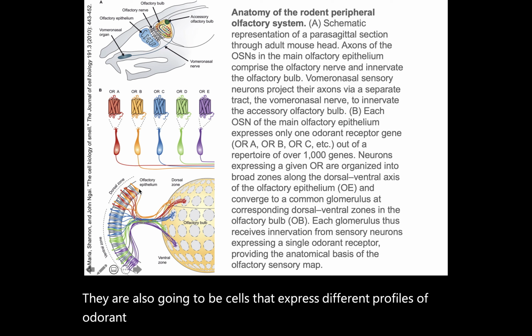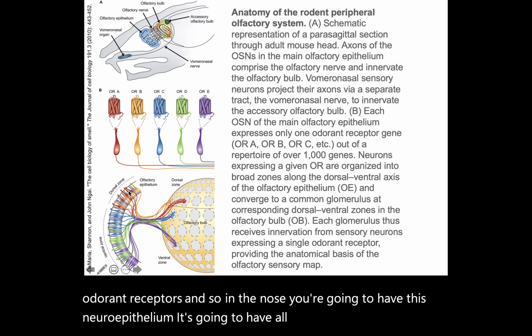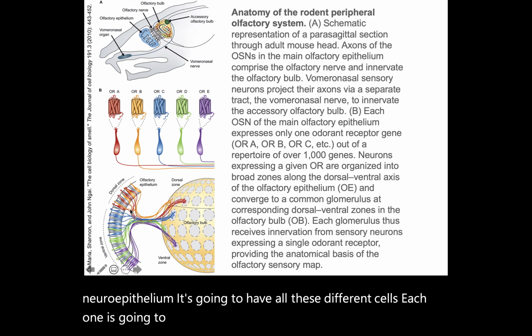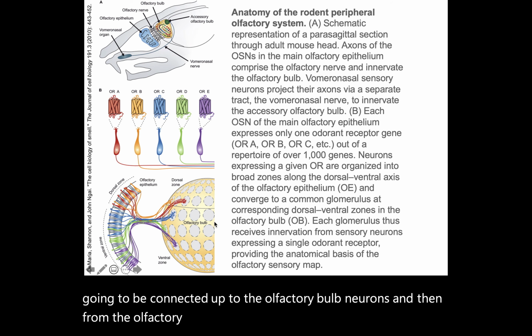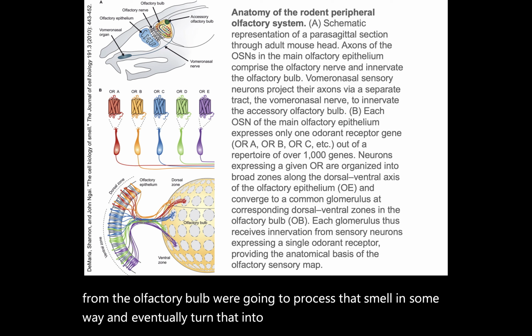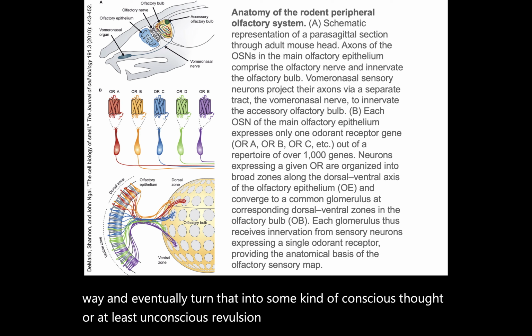And so in the nose, you're going to have this neuroepithelium that's going to have all these different cells. Each one's going to be connected up, because this is a neuroepithelium. They're going to be connected up to the olfactory bulb neurons. And then from the olfactory bulb, we're going to process that smell in some way and eventually turn that into some kind of conscious thought, or at least unconscious revulsion, right? Yeah, when you smell certain things.